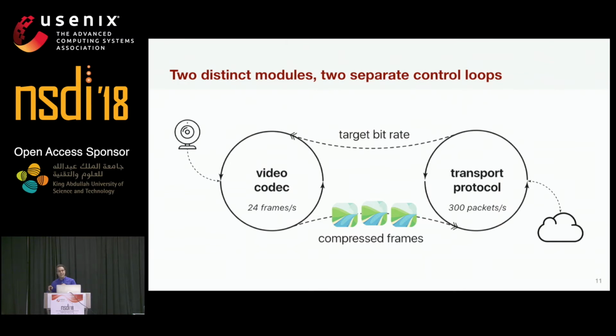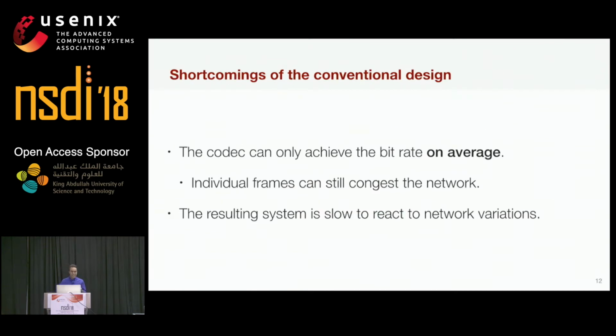And now transport has little control over what the video codec does. If the video codec has overshot that bitrate estimate, the transport still has to send that data, although it means that the network might get congested. And the actual problem is that that bitrate is only achieved on average.